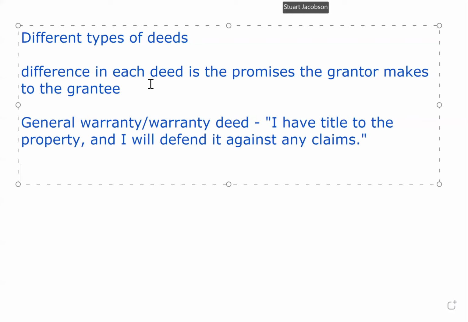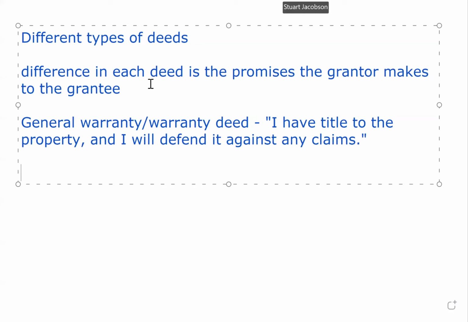Because it is so protective for the grantee, it is super uncommon. So the general warranty deed is not done in practice. It opens the grantor up to too much liability, because they're saying that at any time from now until any time in the future, that is a lot of openings.